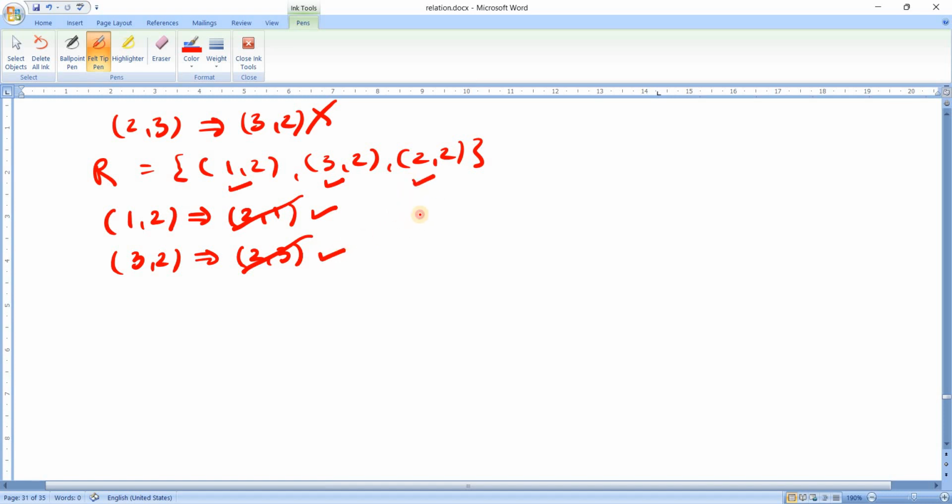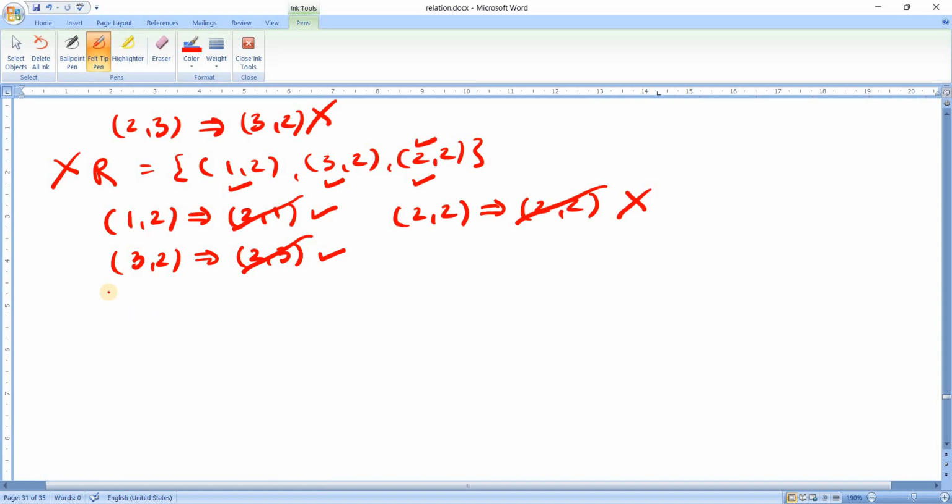For the last ordered pair (2, 2), we should not have (2, 2), but we can see that (2, 2) is present there. So the condition is false, and we again say that this R is not asymmetric.